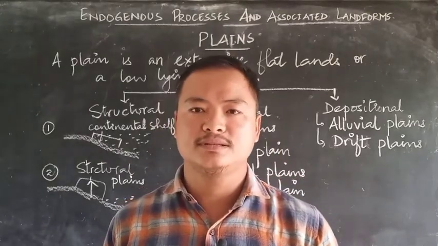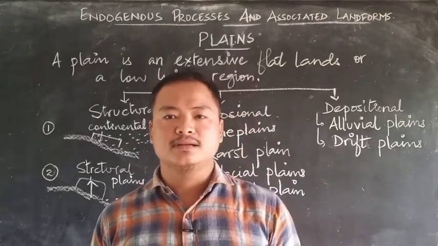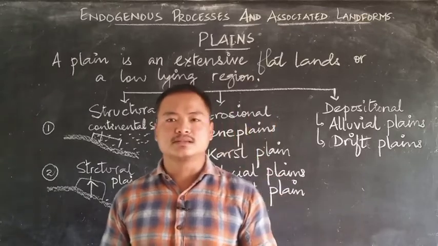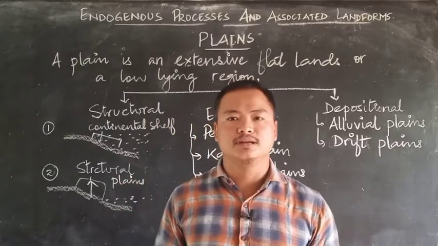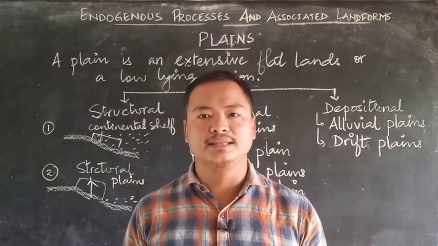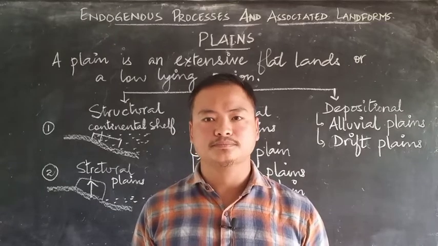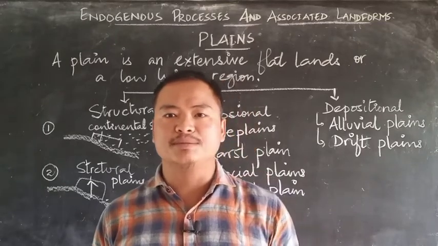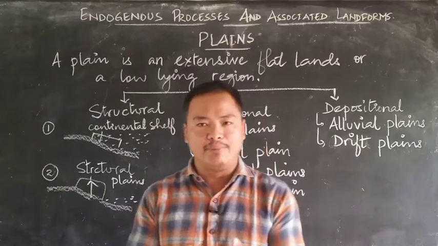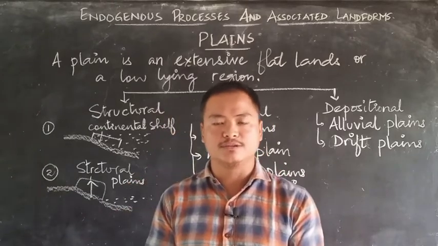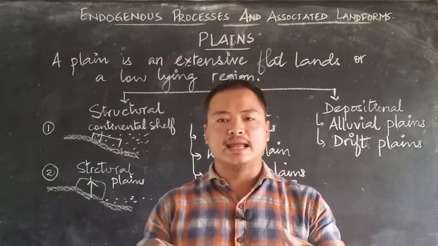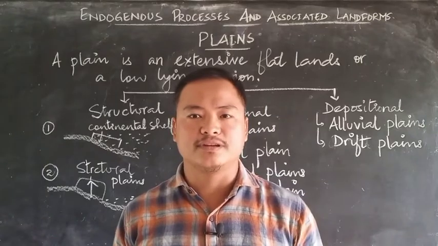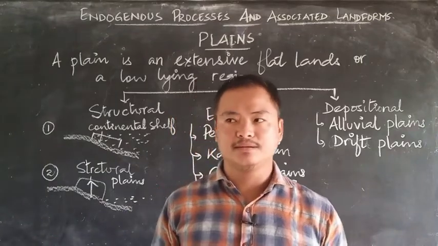Drift plains. Drift plains are formed as a result of depositional action by the glacier. The glacier makes deposits at the bed of the glacial flow, or at the lateral surface, or towards its end.